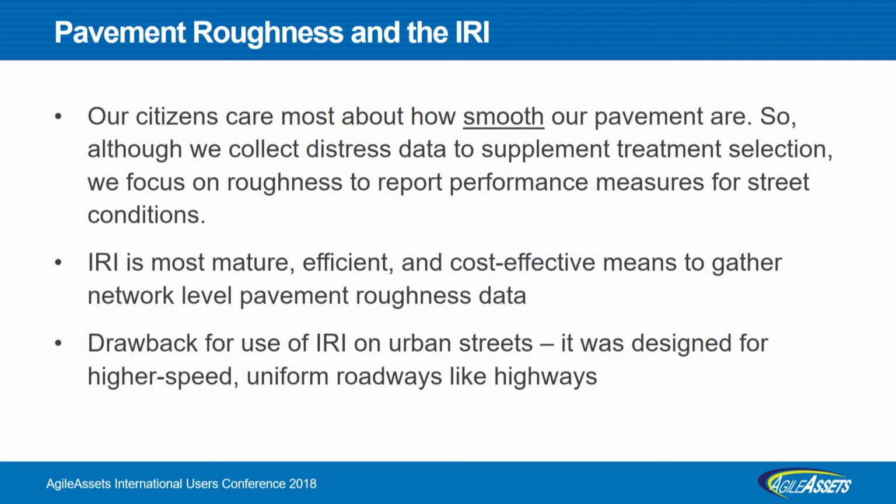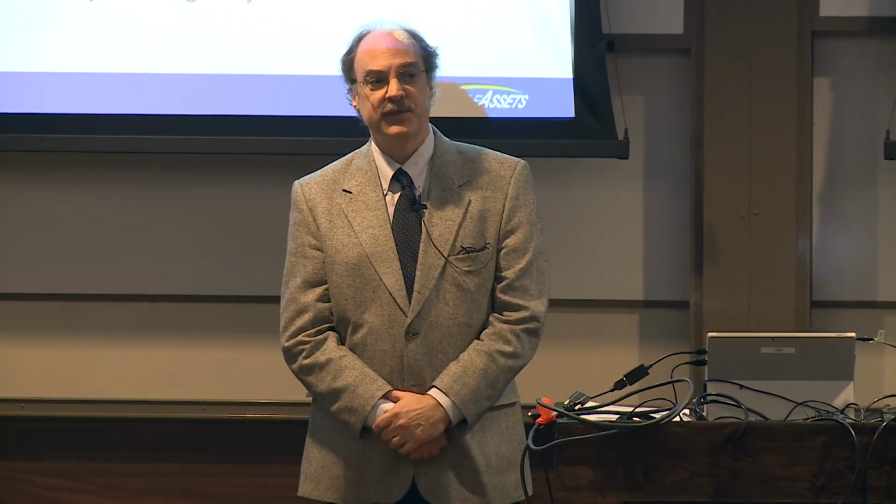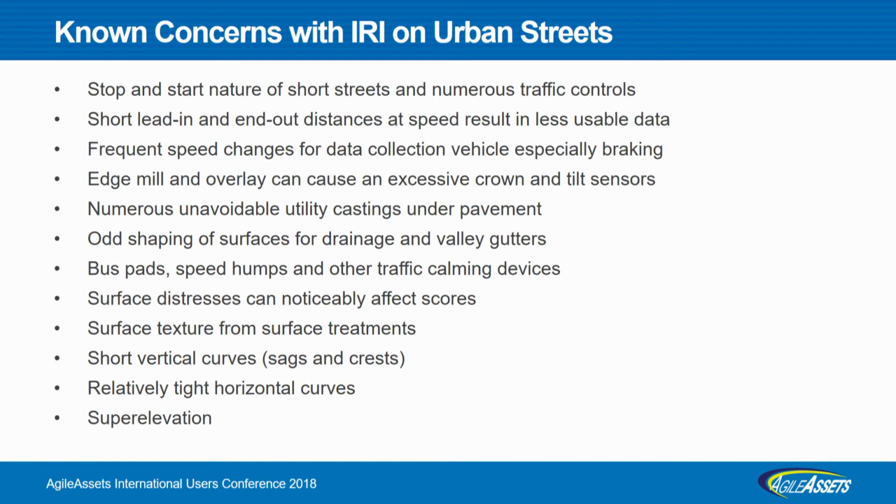That makes sense and it's really good, but gathering IRIs in urban streets is a little bit challenging. It really was designed for the highway environment by its initial definition. Everybody's doing the best they can to collect good data, but we have a number of problems, and this is a shopping list of those problems.